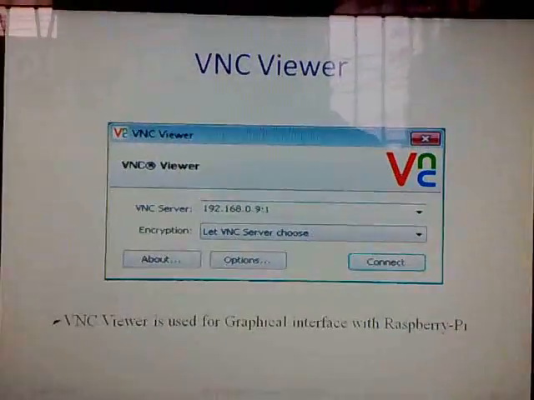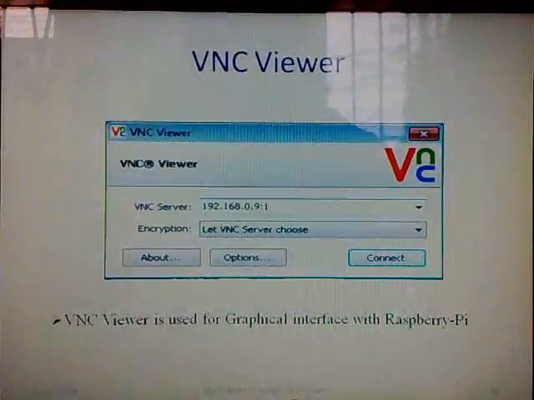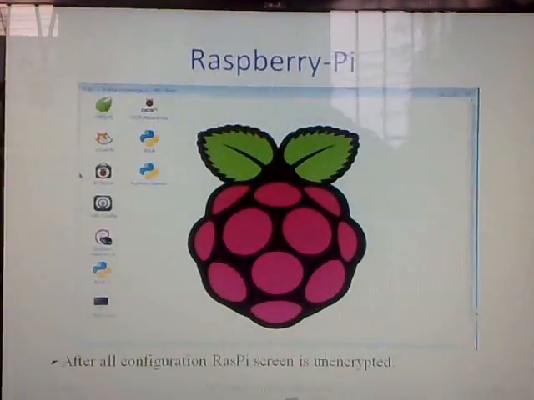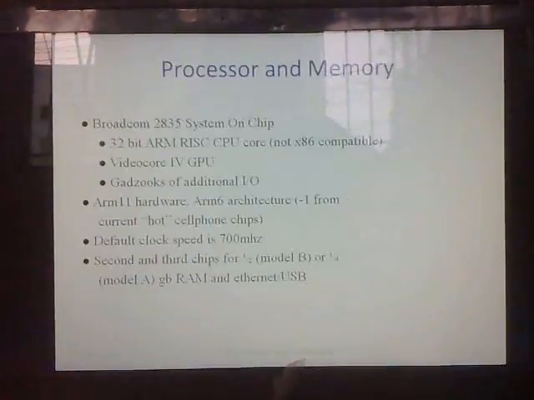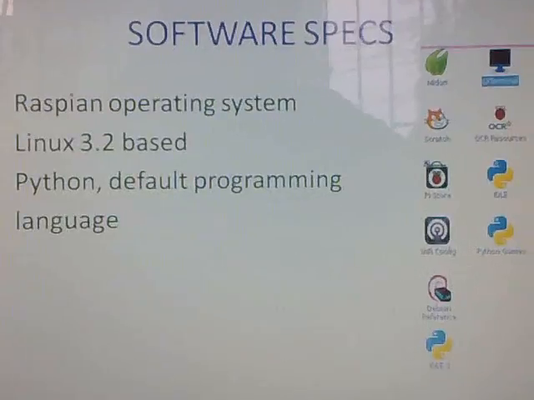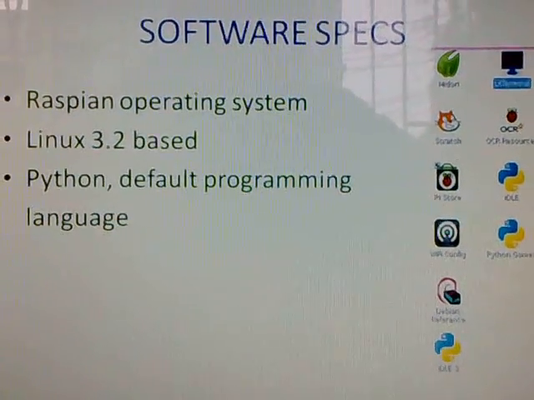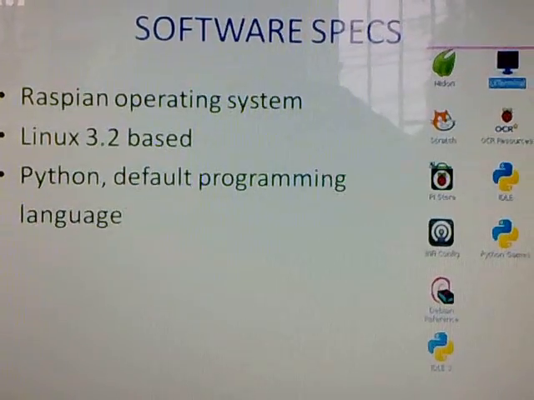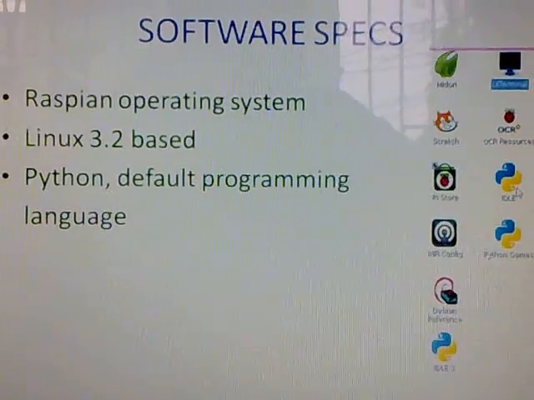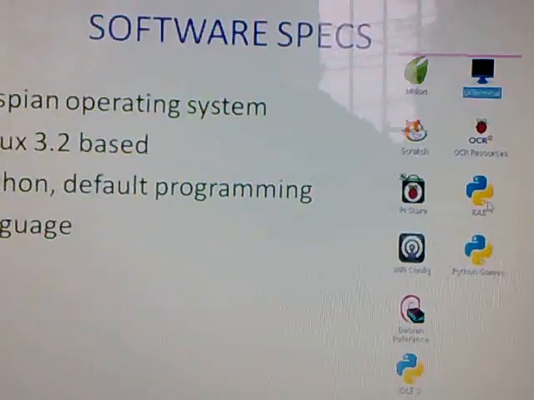VNC viewer, virtual network viewer. Raspberry Pi screenshot. This is the software spectrum of a Raspberry Pi. In this IDLE we will write the programs and execute them.